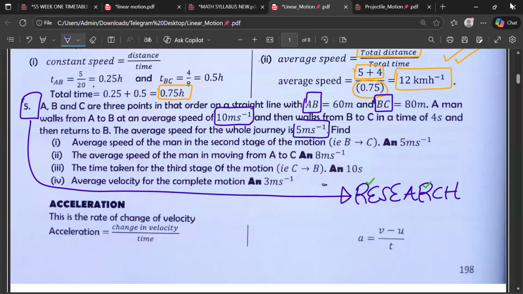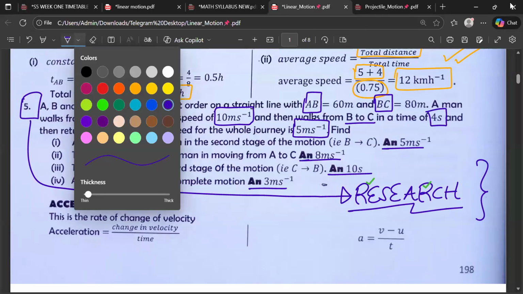So you can reason, they are talking of B to C in a time of 4 seconds. They are now talking of returning to B, such things. So this one is your research. Please go through it and the answers are here. When you get the answer that is there, you've passed. If you don't, you find out why. I'm not doing that. Yes, that is yours.